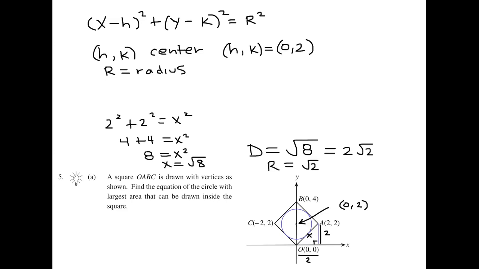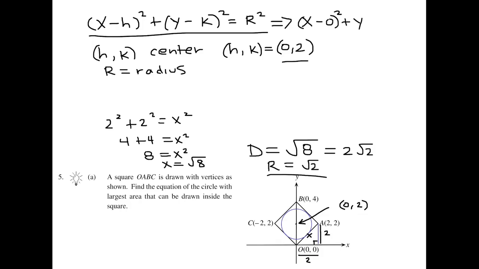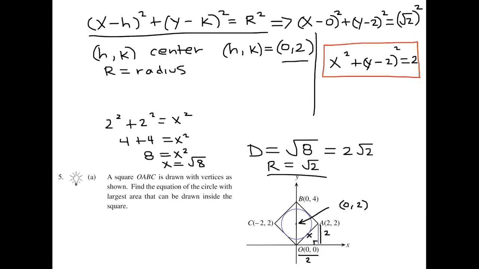Now we have the center and the radius, we can plug them into this formula. We've got (x − 0)² + (y − 2)² = (√2)². And this gives you x² + (y − 2)² = 2. And that is the equation of the circle that they are asking about.